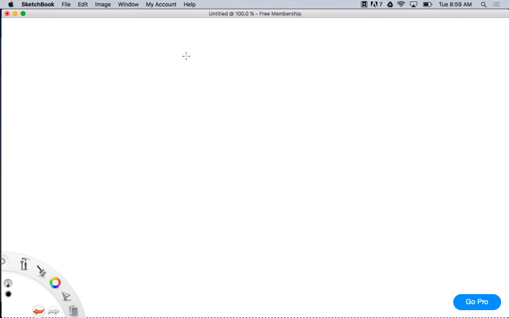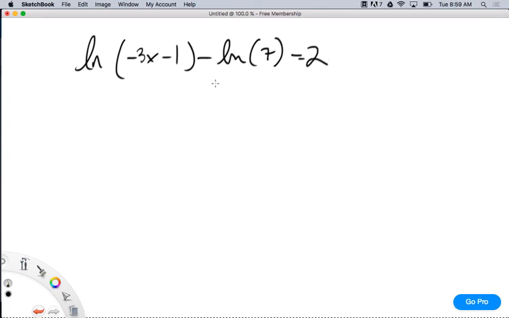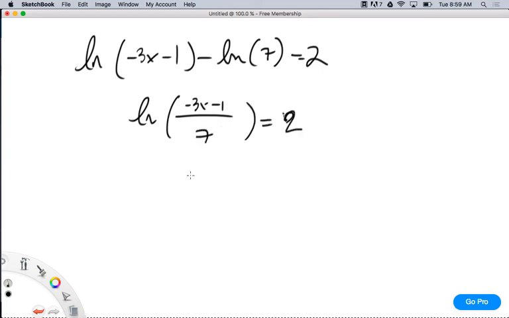Last thing is just, I know I'm going fast, ln of negative 3x minus 1 minus ln of 7 equals 2. This becomes ln of negative 3x minus 1 over 7 equals 2. This becomes e to the 2 equals negative 3x minus 1 over 7.